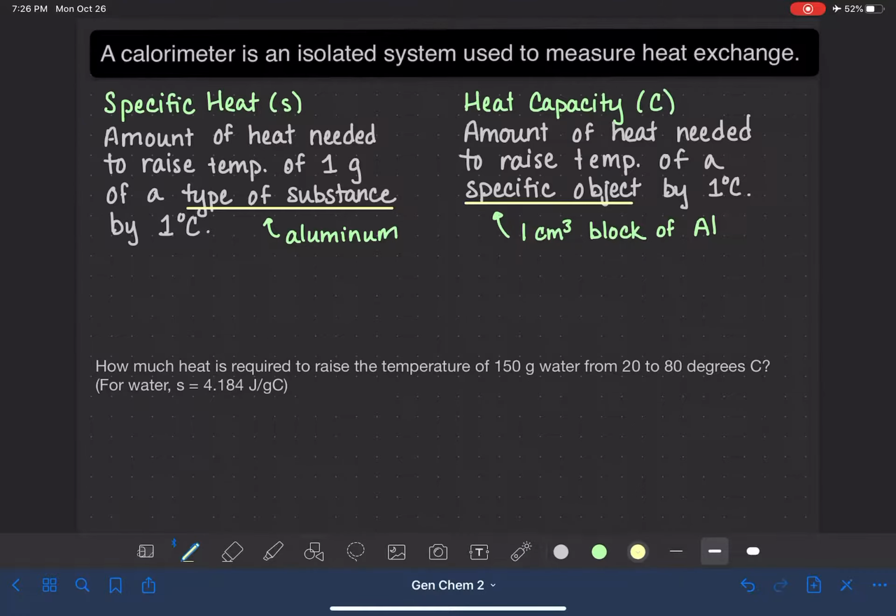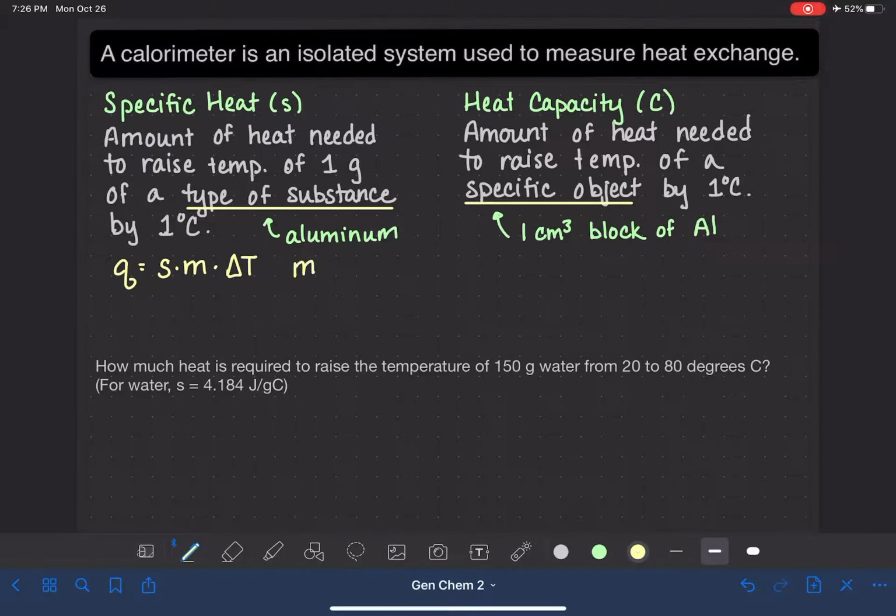We can use a specific heat to calculate the heat exchanged in a chemical reaction, heat which, as you know, is abbreviated lowercase q. The specific heat times the mass of the object times the temperature change that is observed by that particular object gives us the heat exchange in a chemical reaction.